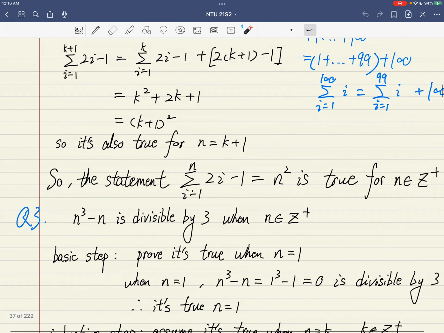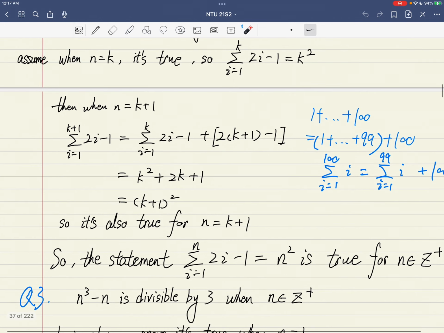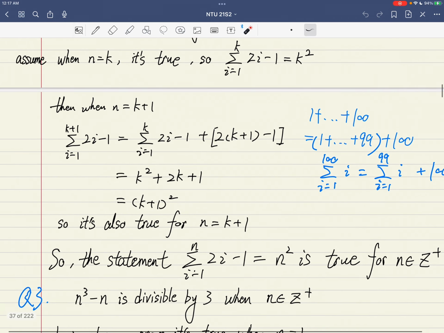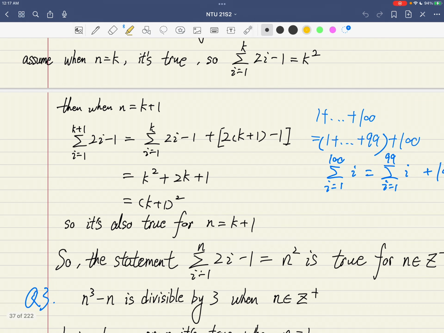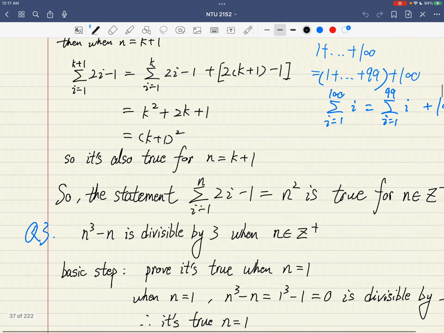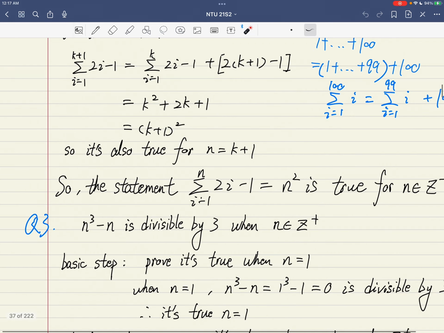Then this first sum, i from 1 to k of 2i minus 1, is exactly k squared, because just now you already showed that. Then the 2 times k plus 1 minus 1 part is 2k plus 1.